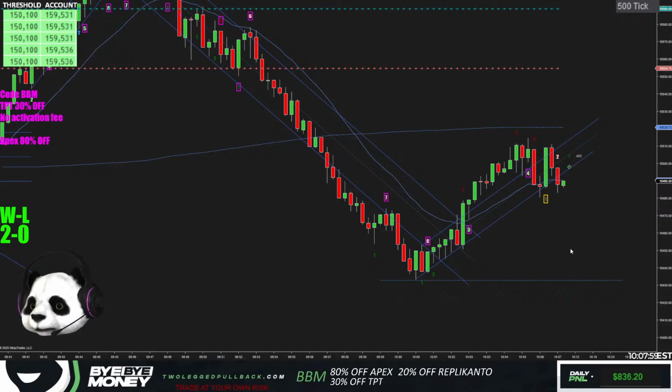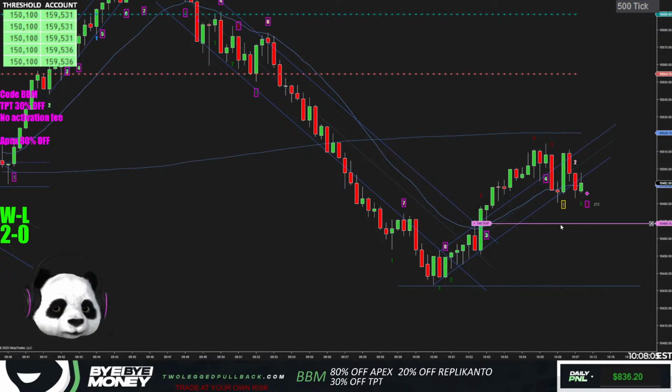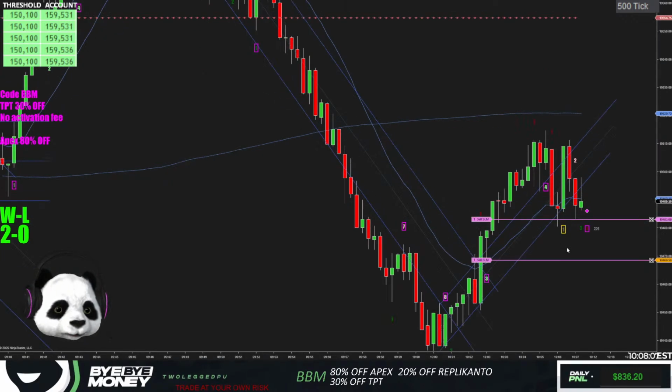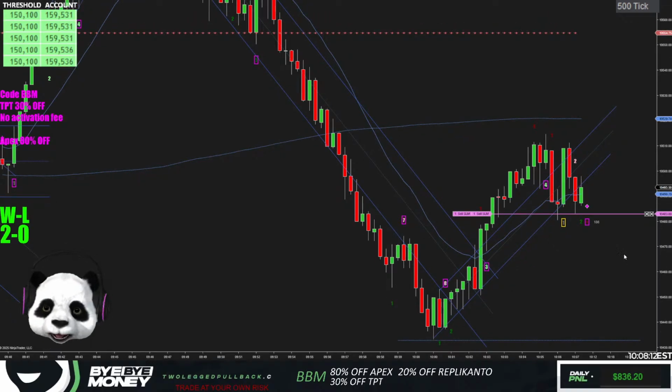Second entry long here on the 500 tick chart. This to me still feels like it needs another push down. Let's go here. Let's try this. It's a fail second entry long. We're looking for it. See if we can get it.